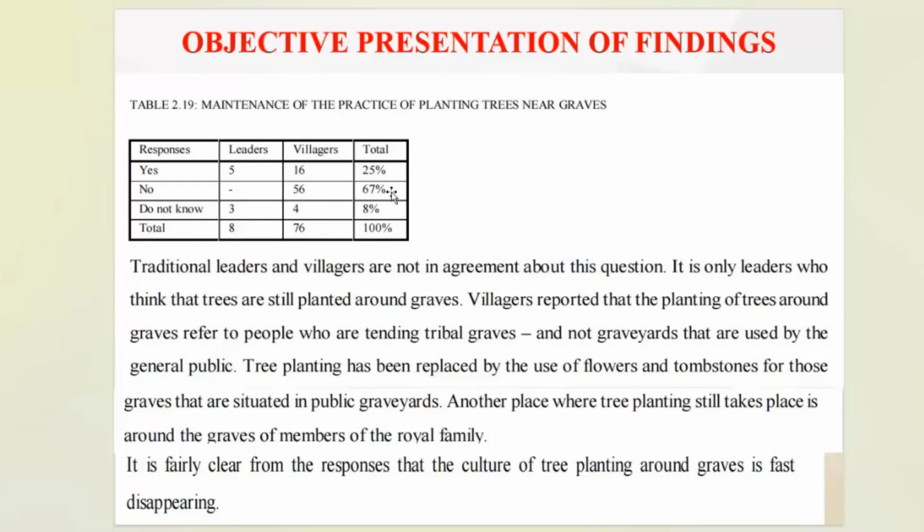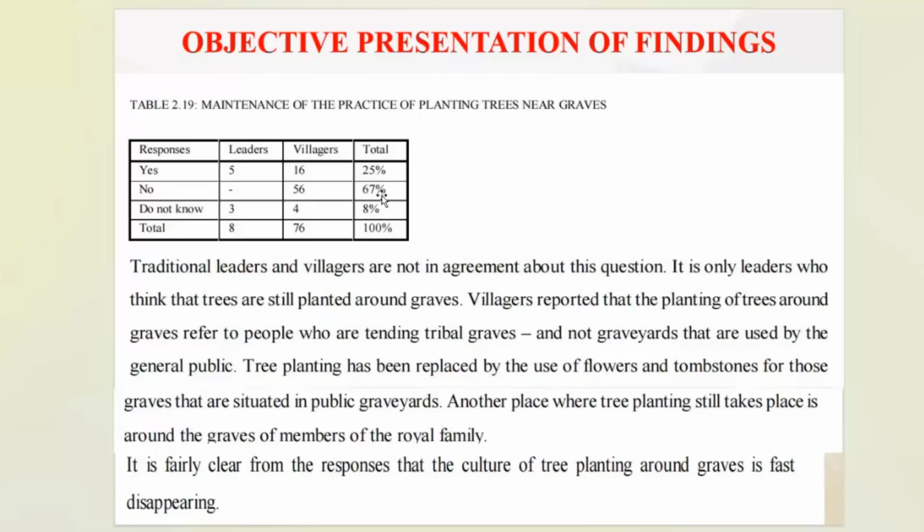You see, I did not skew the results and make this 67% a yes and 25% a no. I would have been biased because I would have wanted more people to support my thinking. But when you do that, it is a risk of losing the most important aspect of research, which is objectivity. And you even lose what people know, what is the reality.